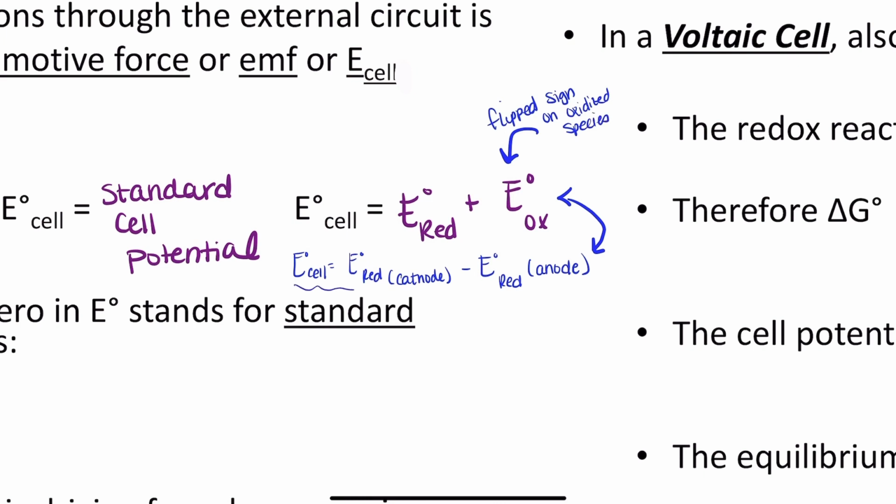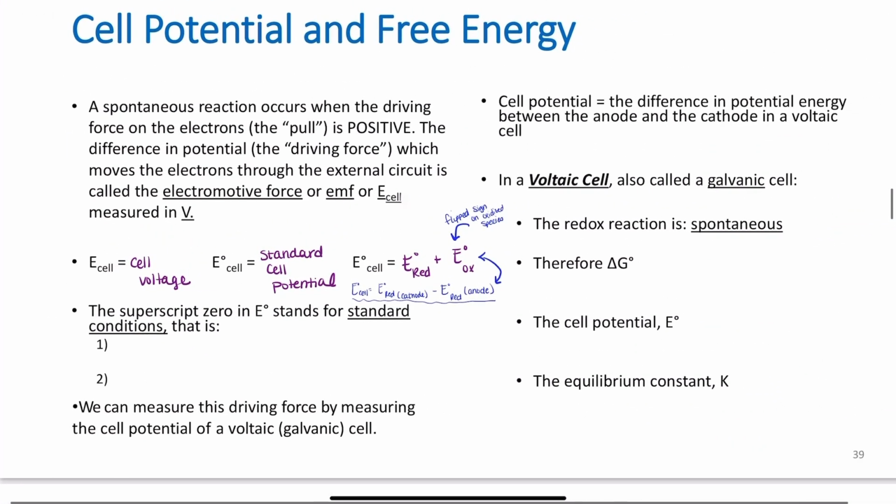In this version here, this is the more correct way to do it by an electrochemist, but in that one I have to remember it's cathode minus anode, and a lot of students have a hard time with that, so we're going to go ahead and flip it in our classroom, but again, you may see it written the other way. The superscript 0 in the E-naught stands for standard conditions. This means that every solute is at 1 molar concentration and every gas is at 1 atmosphere pressure.